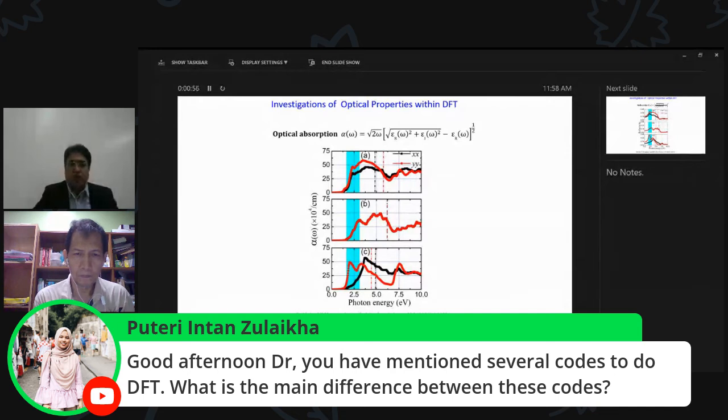So different codes are designed for different properties, because it's a very vast area, and in material science people are working in different fields, even for biological and chemical purposes. So different codes have different applications that are designed for different materials and different properties.